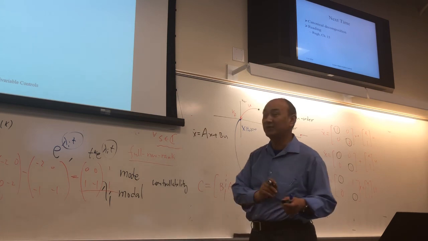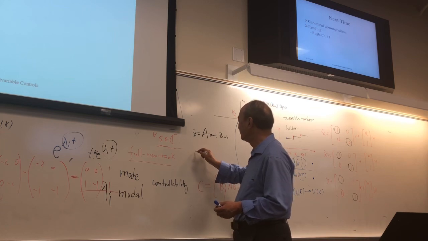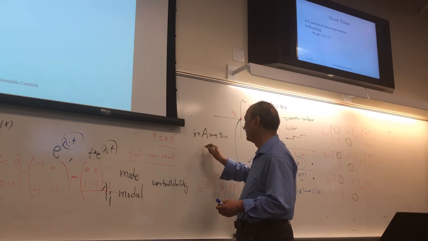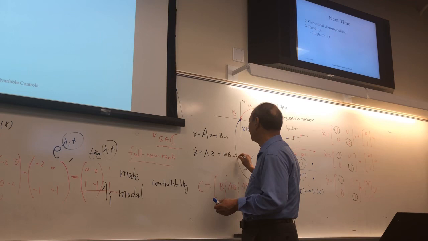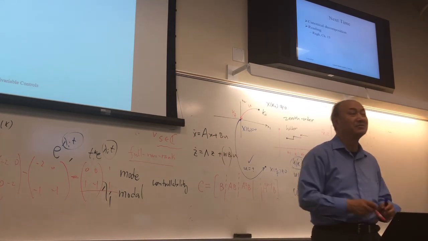You know that we can do a similarity transformation so that we can write z equals W, Bu.